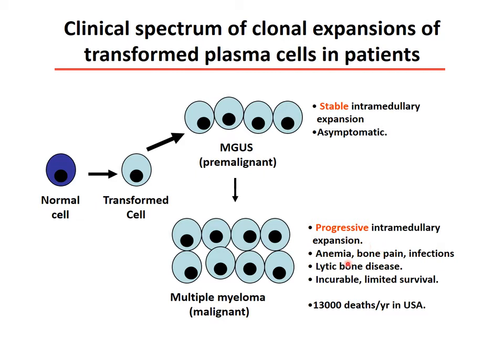So this is when lytic bone disease, anemia, or organomegaly develops. And that's usually when you have all the clinical symptoms due to multiple myeloma.